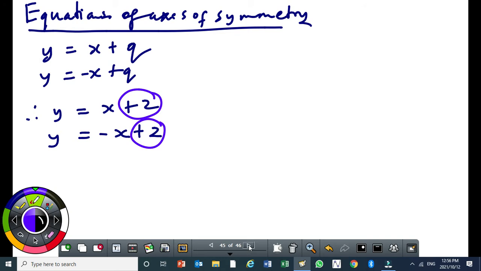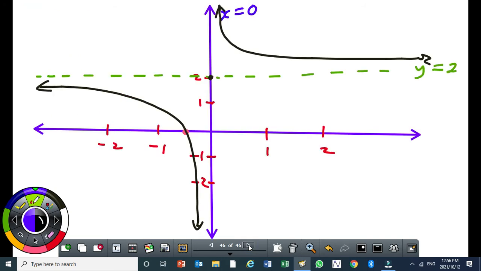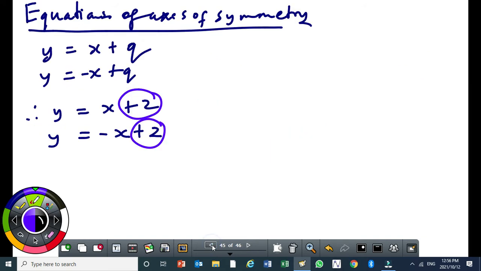So, all we have to do is determine the x-intercept of the line of symmetry. Because the linear function is the simplest of the four functions, if you substitute y equal to 0 in the first one, you get x equal to -2. If you substitute y equal to 0 in the second one, you get x equal to +2.